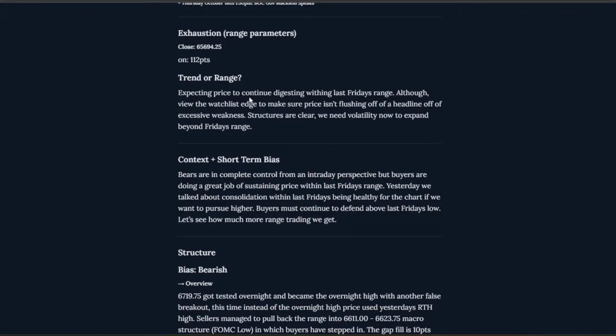Range day literally means that we're stuck within a defined range. Obviously, the defined range for the whole week is going to be last Friday's range, the minus 3% flash crash. And then a trend day usually is created post consolidation with the right volatility sparked from external context. And the external context we had last Friday was obviously the president's tweets.